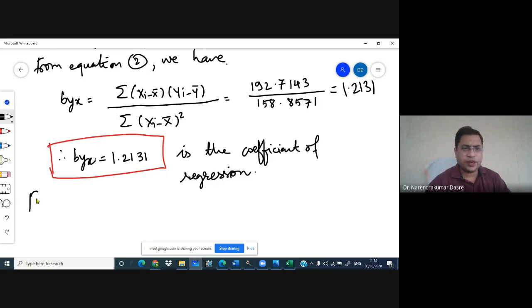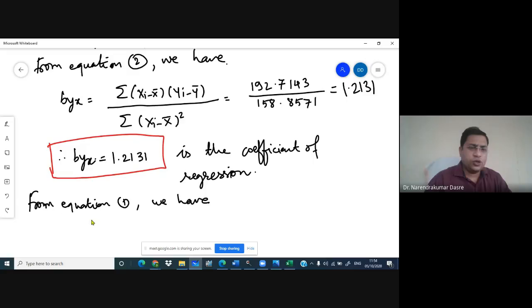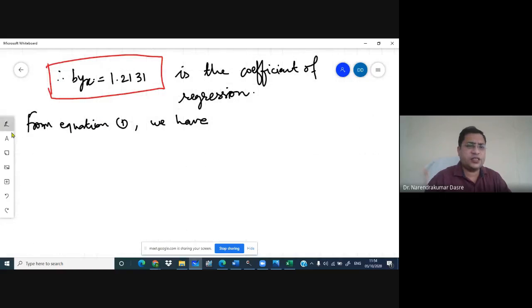Now from equation 1, once you know byx, then we are able to know the line of regression.